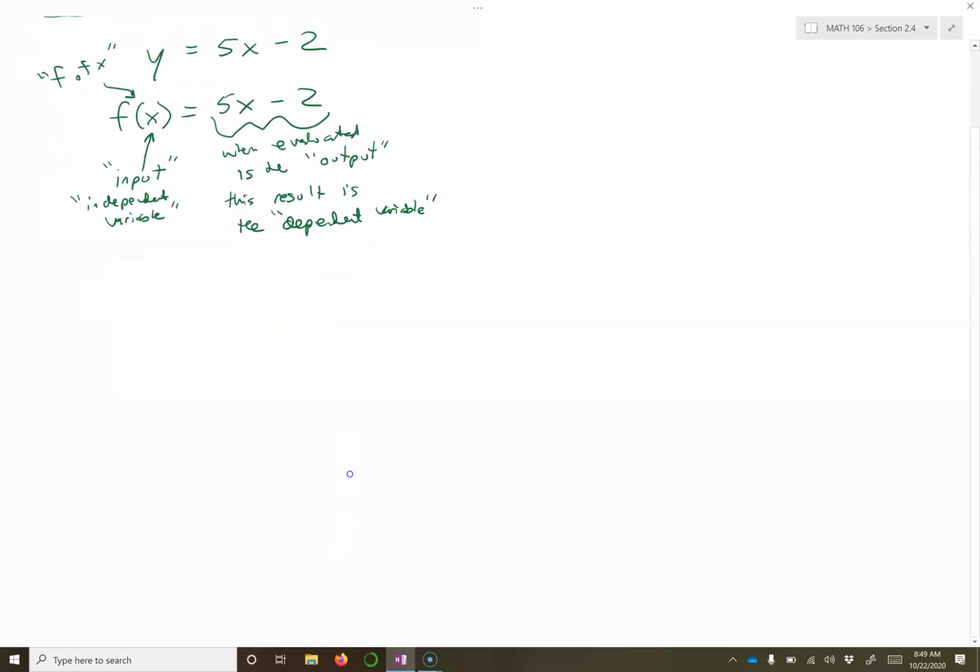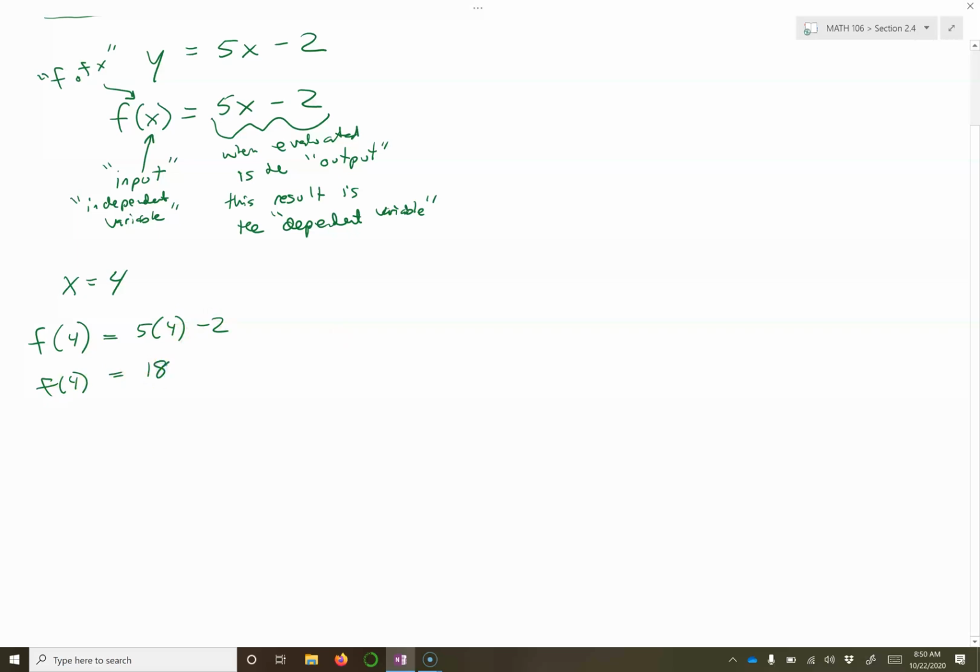Let's say we wanted to figure out, well, what's the coordinate on a plot for this function where x equals 4? All right. We would say, well, it's not f of x anymore, it's f of 4 equals 5 times 4 minus 2. So that means f of 4 equals 20 minus 2, which is 18.